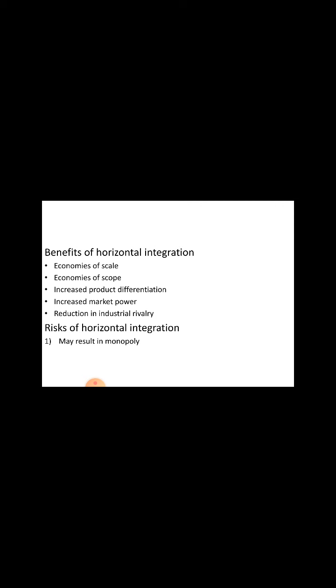We can take the example of Facebook and Instagram. Facebook acquired Instagram. Facebook is a social media platform and Instagram is also a social media platform. They are similar yet different. That means Facebook is providing a similar yet different product by using the similar resource base.